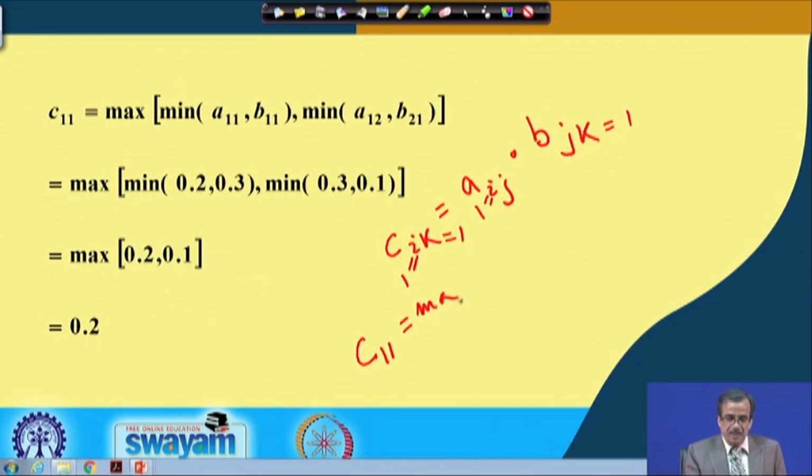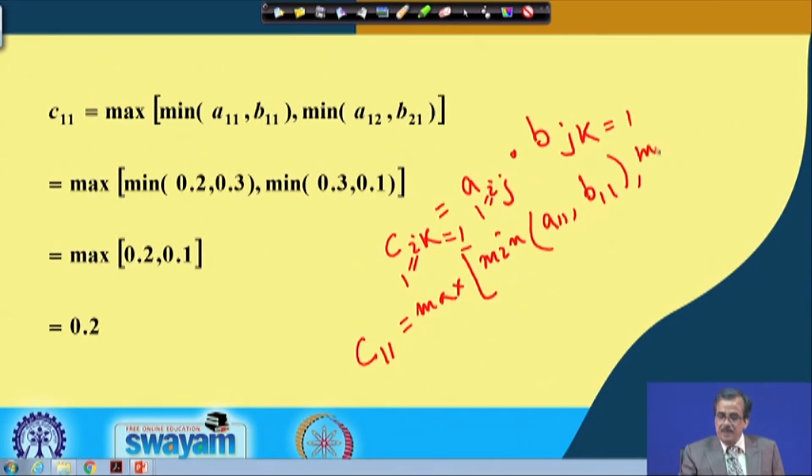Now if j varies from 1 to 2, very easily I get C11 as the maximum of the minimum between A_11 and B_11, where i equals 1, j equals 1, k equals 1, and the minimum between A_12 and B_21, where j equals 2.